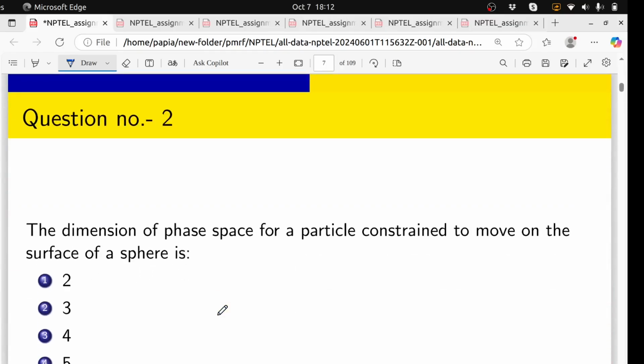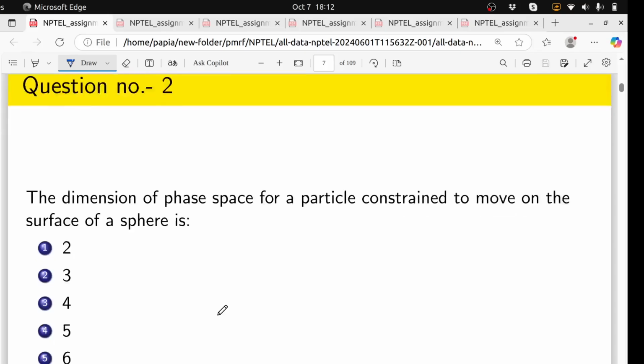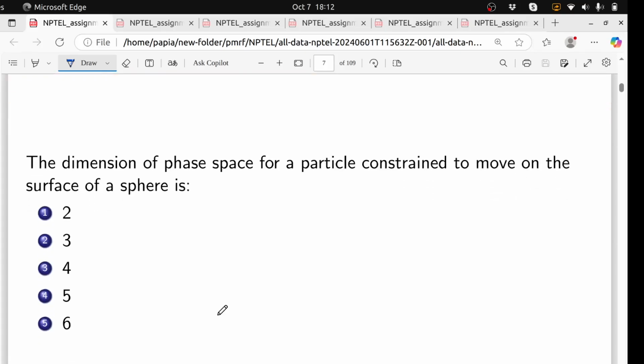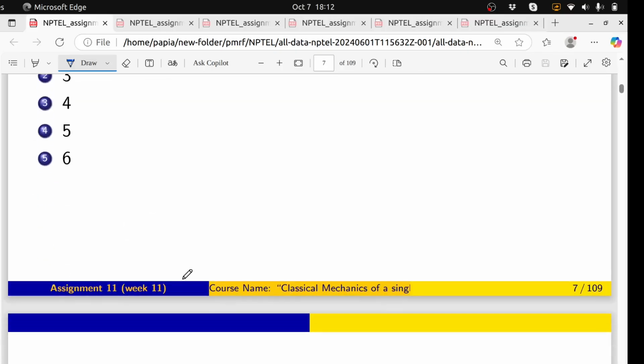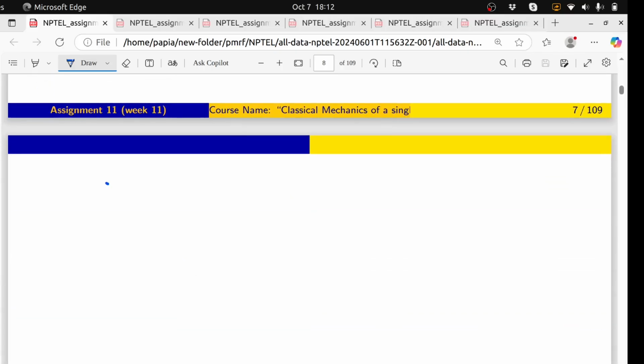Okay. Now coming to the second question. The dimension of phase space for a particle constrained to move on the surface of a sphere. That is exactly similar to the previous question, where we just need to calculate the number of degrees of freedom for this system. So the system is what? A particle constrained to move on the surface of a sphere.